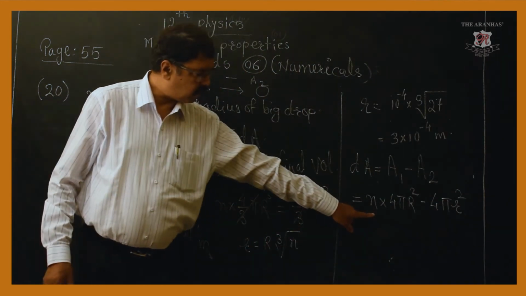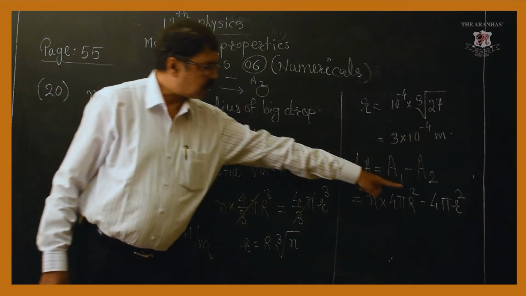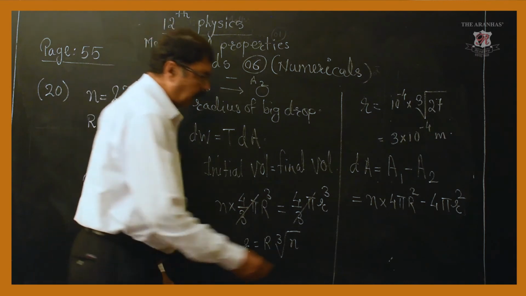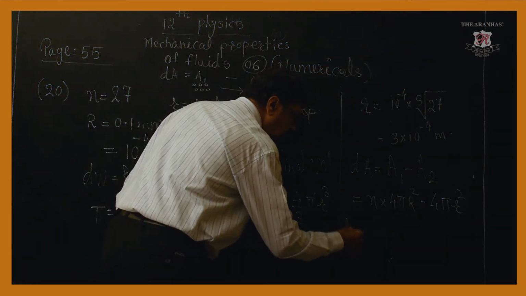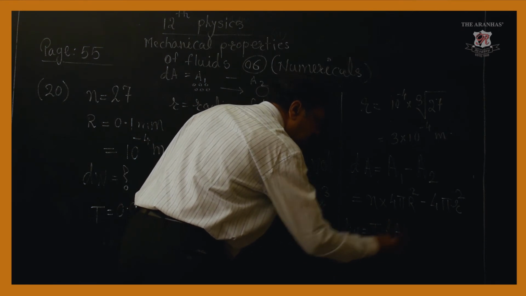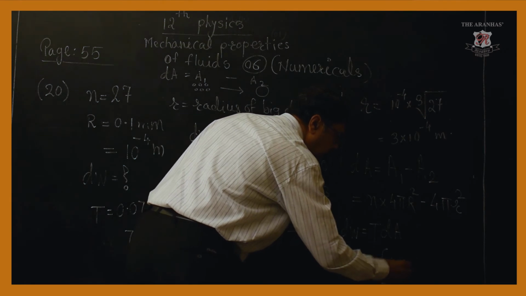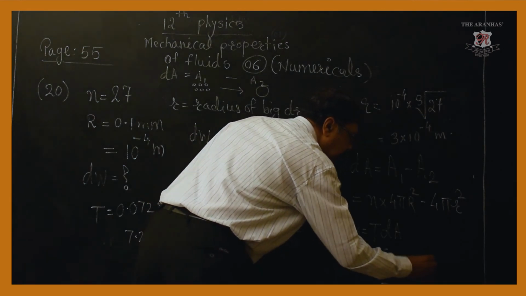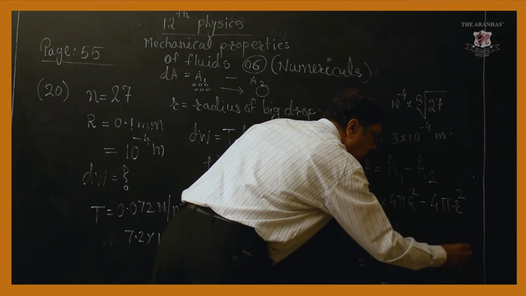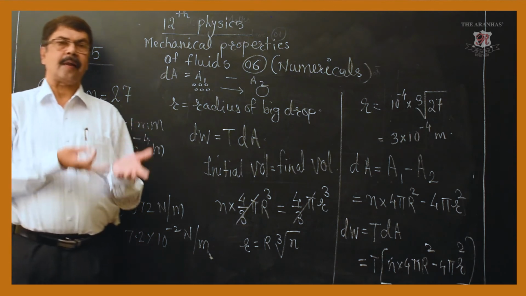This is the total surface area of these droplets minus the surface area of the single drop. Therefore, work done or change in surface energy is T into bracket n into 4 pi r square minus 4 pi R square. So this is the generation of the formula.